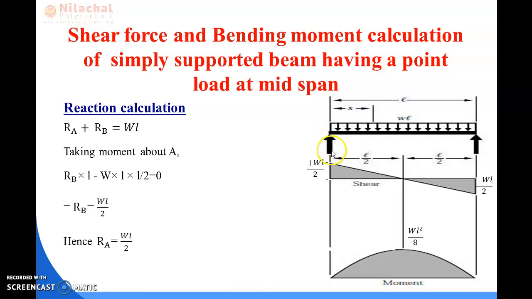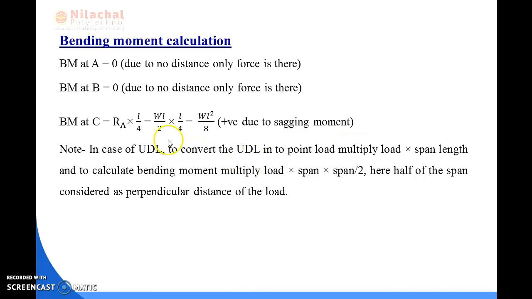And for this force, the distance up to the C is L by 2. So the load into distance will be RA into L by 2, that is WL by 2 into L by 2.